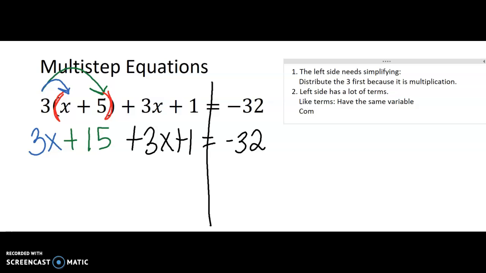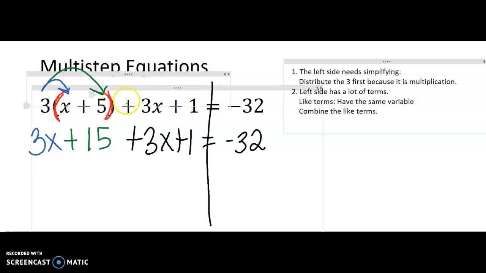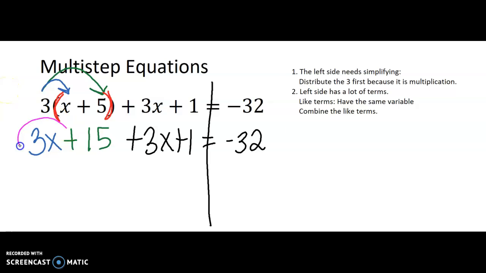So that's what we want to do. We want to combine the like terms. Let me show you how I do that. So here, let's combine our like terms. We have 3x, and I can combine that with 3x. And they're on the same side, so really I could just write it like this, 3x plus 3x.